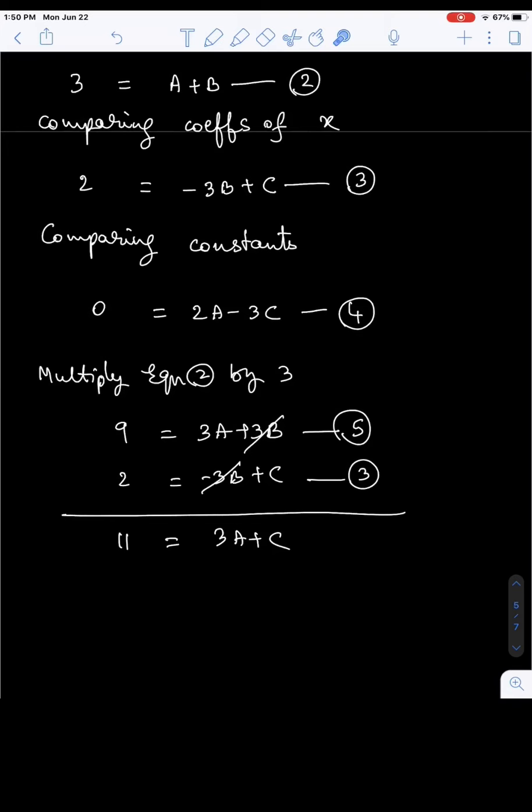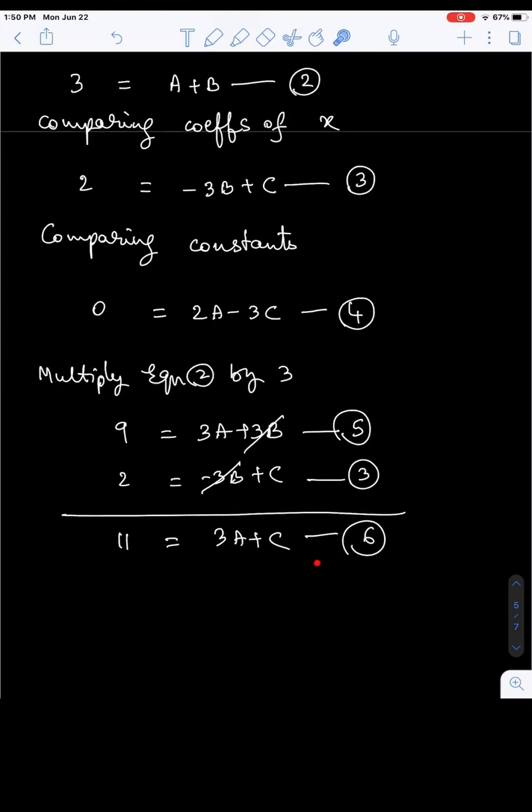This 3a as it is, c is the same, 9 plus 2, 11. So this is the 6th equation now. And see what is there in 4 and 6. In 4, a and c. In 6 also a and c. So let us simplify these.